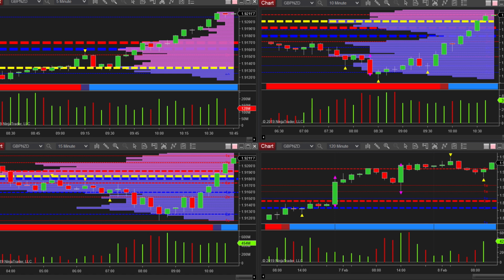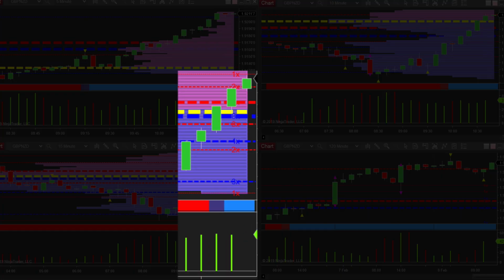If we move down to the 15-minute, what's the 15-minute telling us? Well, a similar sort of thing as the 5-minute, because we've got volume here. This was a nice wide-spread up candle. Again, a very, very tiny wick to the underside, no wick at all to the top side. So nice, solid price action, solid volume associated.